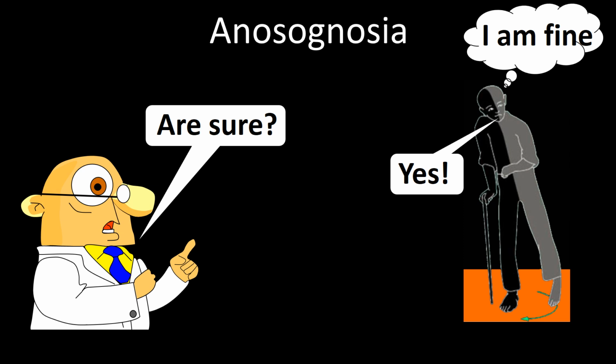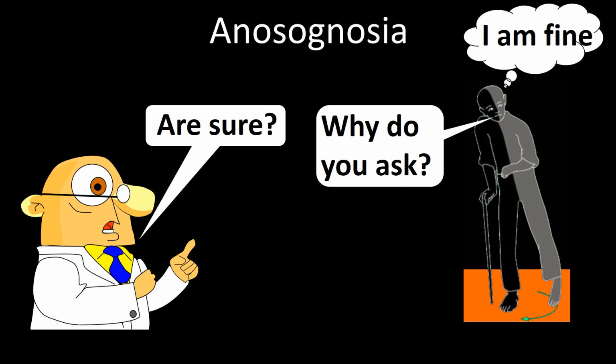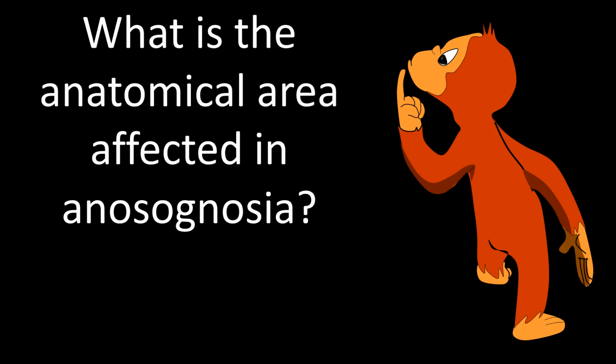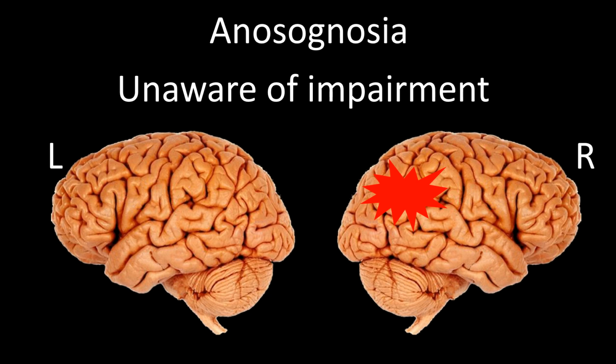If you insist, he continues to say that he's fine, and even wonders why you are thinking that he's not. And if you direct him to the abnormal arm, he still thinks it is fine or denies it is his. The anatomical area most often involved in patients with anosognosia is the right posterior parietal area.